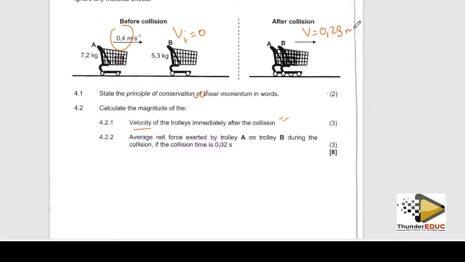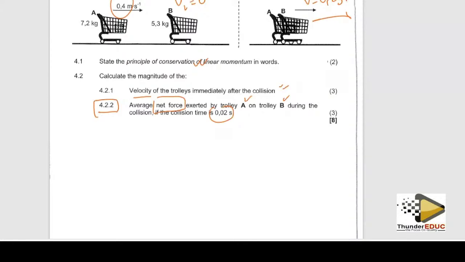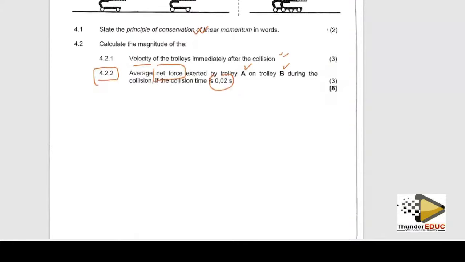Then 4.2.2, they want the average net force exerted by A on B during the collision, if the collision time or the time of contact is 0.02 seconds. Okay, so remember, they want the average net force. So we know that F net is the same as mass times the acceleration.